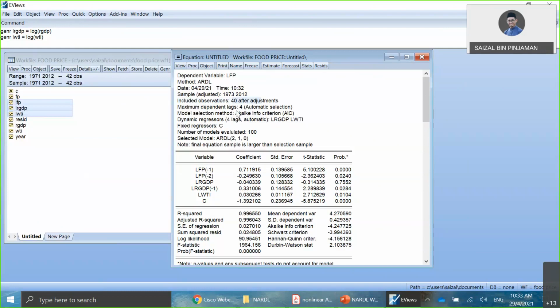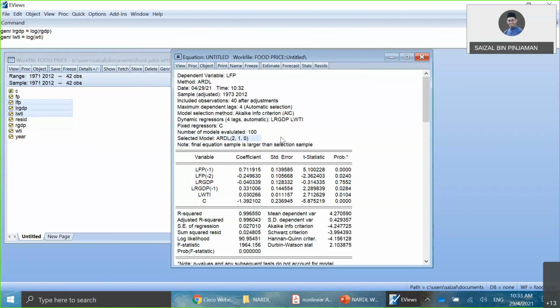The maximum number of lags that we used before this is 4, and we use the Akaike info criterion to select the optimal number of lags for our ARDL model. And the fixed regressor is the constant term.